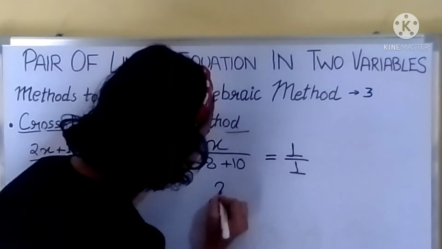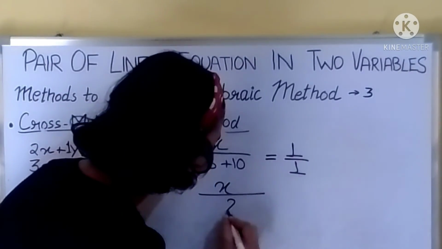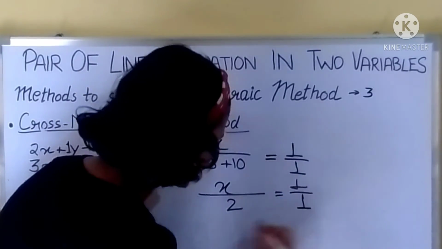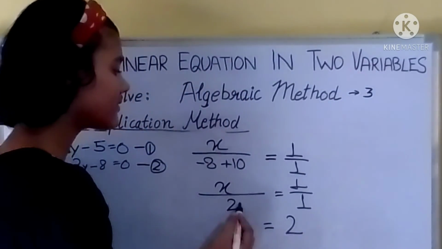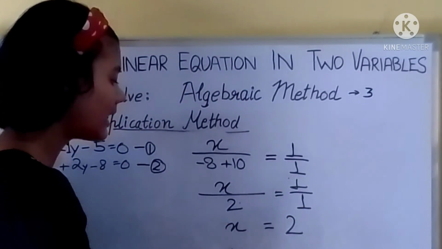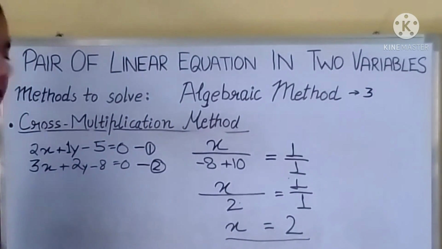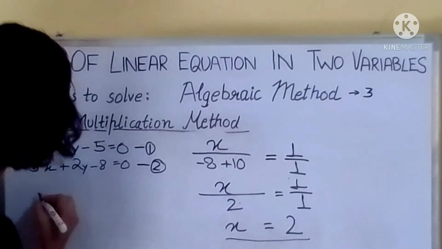Now we will solve. x is equal to minus 8 plus 10. So we will get 2 over here and here 1 upon 1. So x is equal to 2. Why 2? Because when this goes here, it will become 2. Now the value of x we have got. Now we will put it in any of the equations and we will get the value of y also.